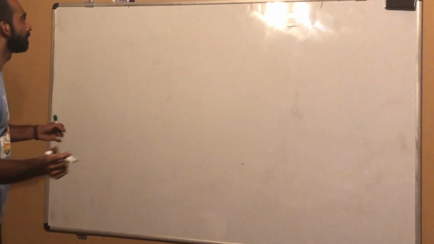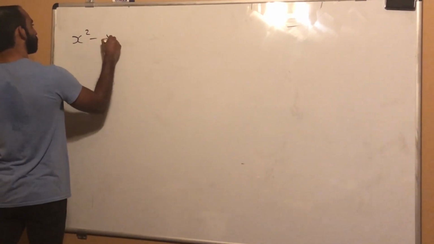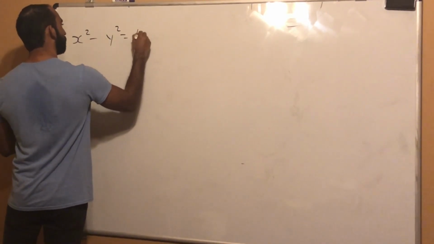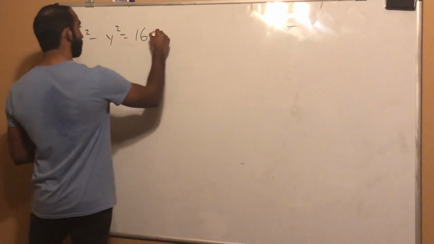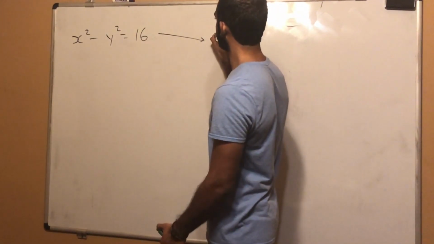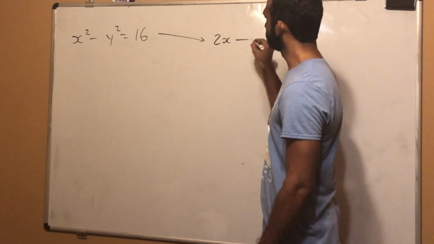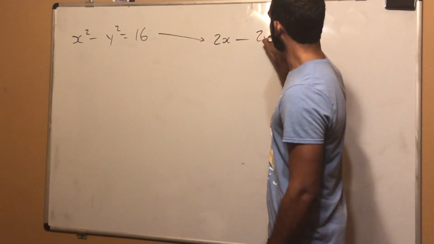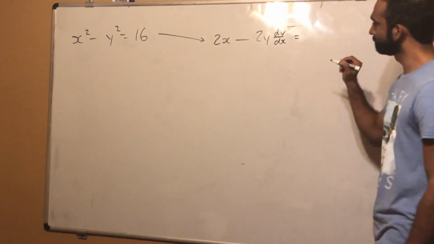But you guys are soon going to get to a point where you can start skipping writing out the derivative operations. So, if you have a nice simple relation like x squared minus y squared equals 16, when you get enough practice, you can jump straight to taking the derivative of both sides with respect to x. That first one becomes 2x. The second one becomes 2y times dy over dx. And that equals 0.